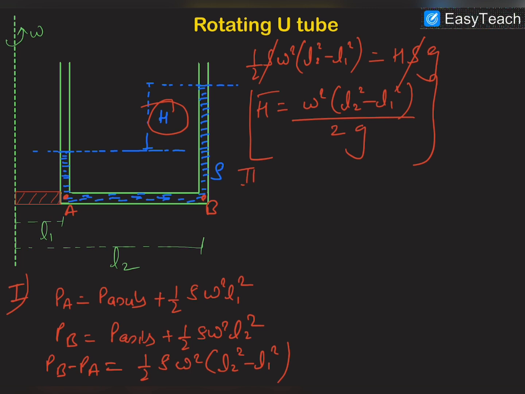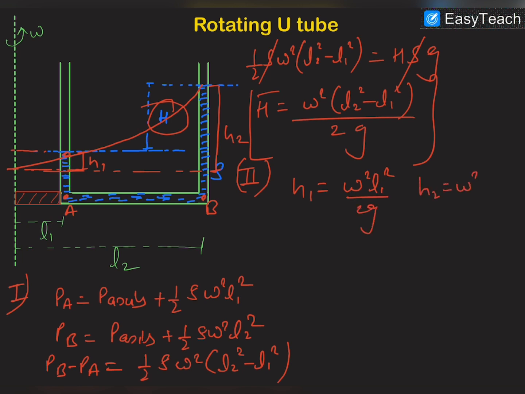Now by method 2, we can draw the surface. So the equipressure line would be like that. You can imagine the equipressure line, and this height is, let's suppose, H1, and this height is H2. So H1 will be omega square r square by 2g, where r is L1, so omega square L1 square by 2g, and H2 will be omega square L2 square by 2g.